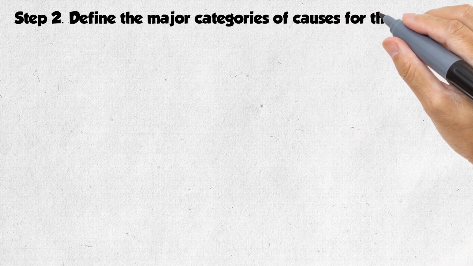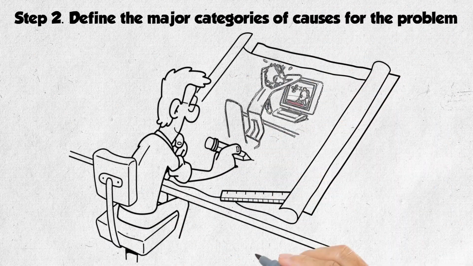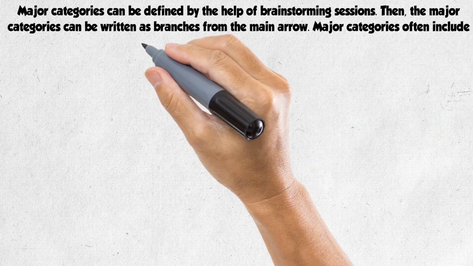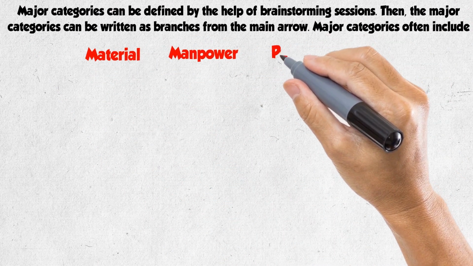Step 2. Define the major categories of causes for the problem. Major categories can be defined with the help of brainstorming sessions. Then, the major categories can be written as branches from the main arrow.